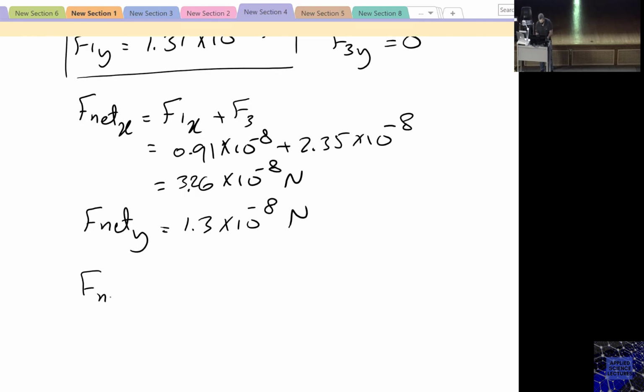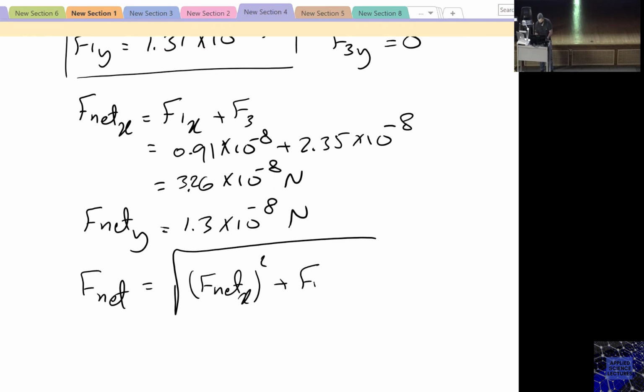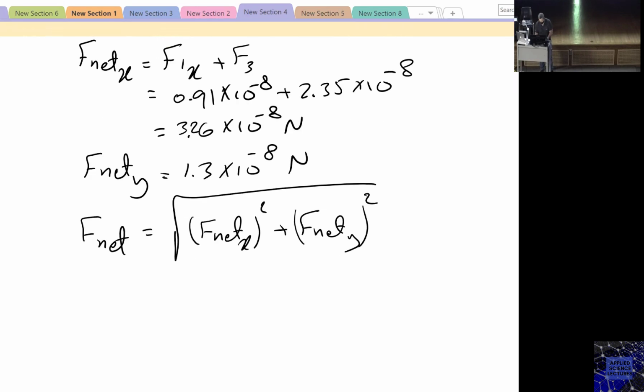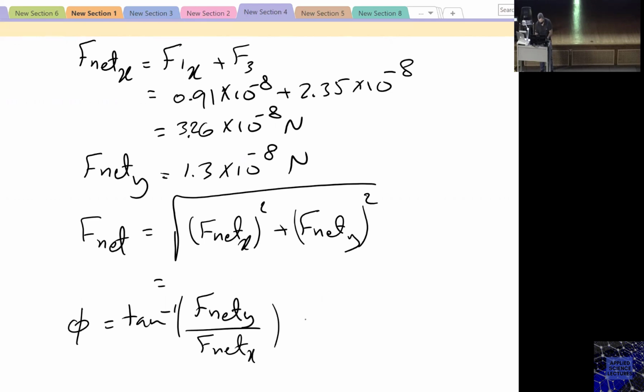Now you can calculate Fnet, which is the square root of Fnet x squared plus Fnet y squared. And phi is tan inverse of Fnet y over Fnet x.